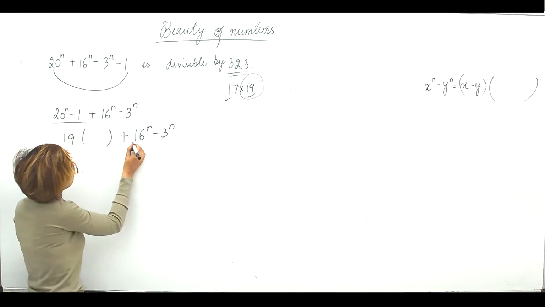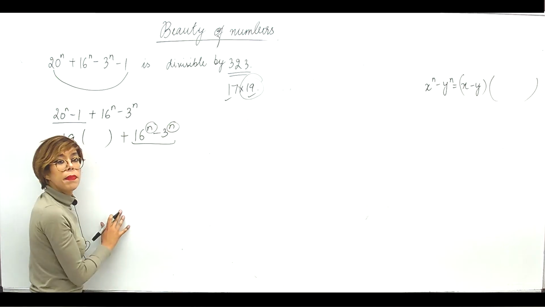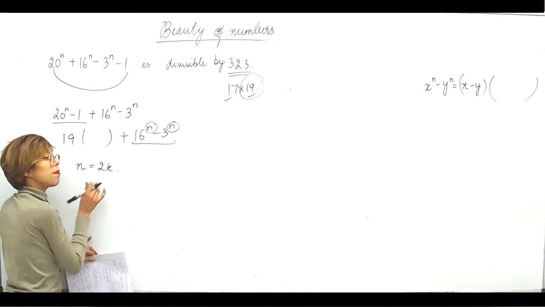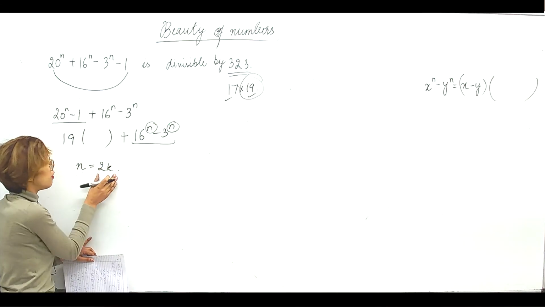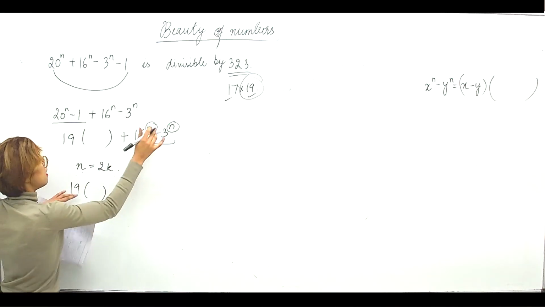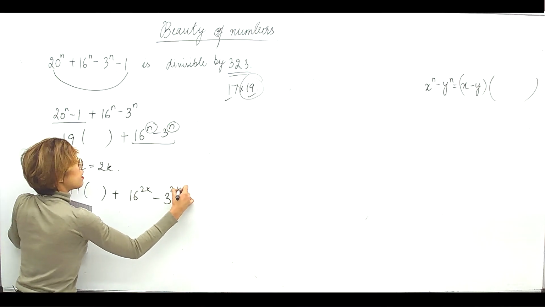अब यहाँ से 19 निकालने के लिए मुझे देखना पड़ेगा whether it's an even or odd number, right? So let me talk about when n is even, when n is of the form 2k. So from here 19 into some integer plus this is 16 raised power 2k minus 3 raised power 2k.